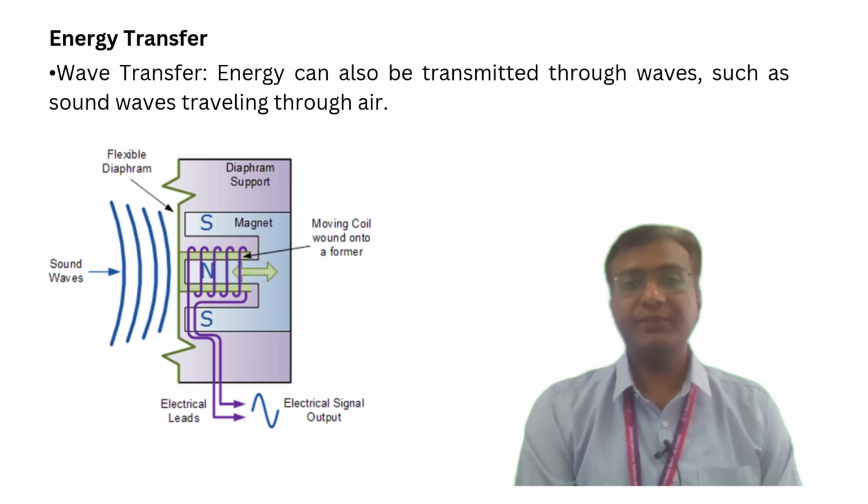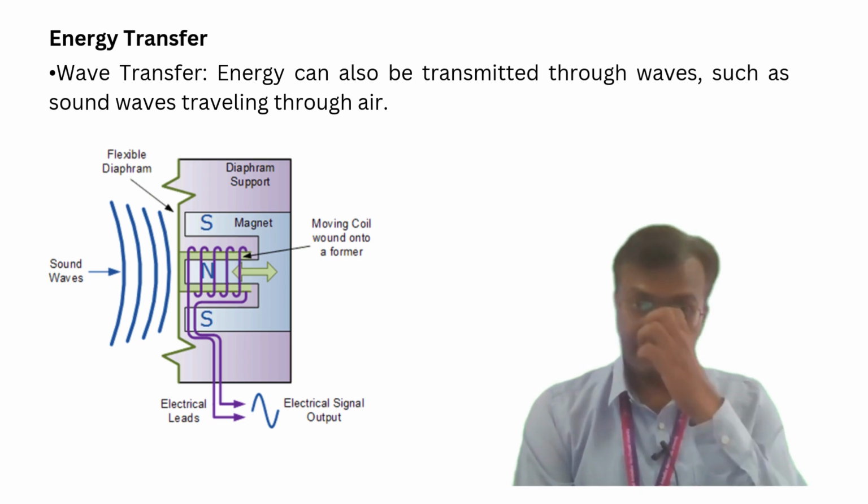Wave energy transfer involves the propagation of energy through a medium, or even through a vacuum in the case of electromagnetic waves, via oscillating disturbances. The medium itself doesn't necessarily move over long distances. Instead, it is the disturbance that carries the energy. Here are some key examples of wave energy transfer.